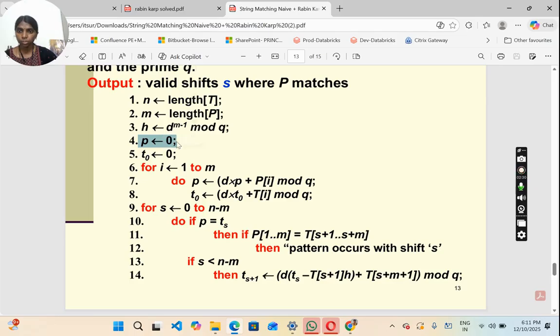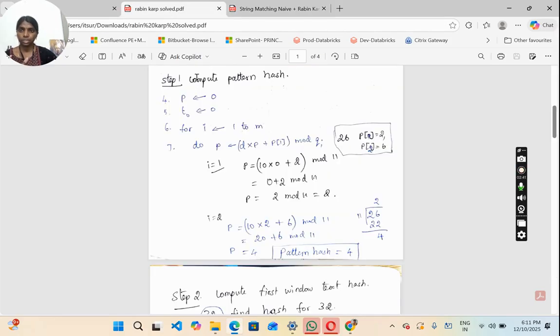This p will be used to calculate the hash value for our pattern. This t0 will be used to calculate the hash value for our text. First text we will be taking is 32. So for i equal to 1 to m, until our pattern length, in our case 2, we are going to calculate the pattern hash.